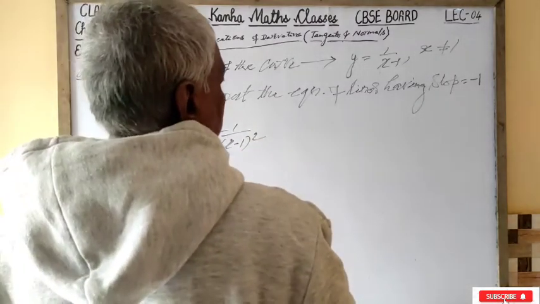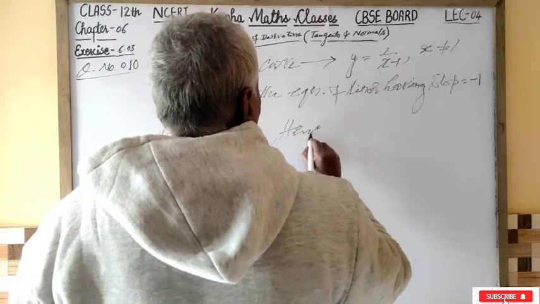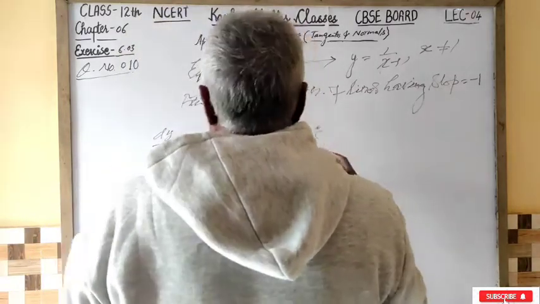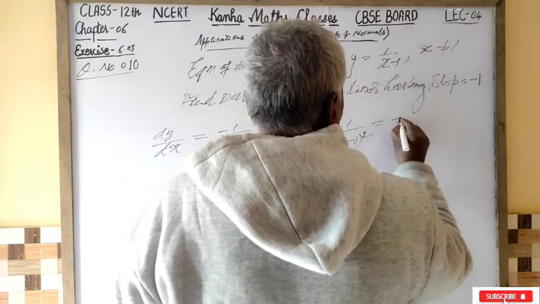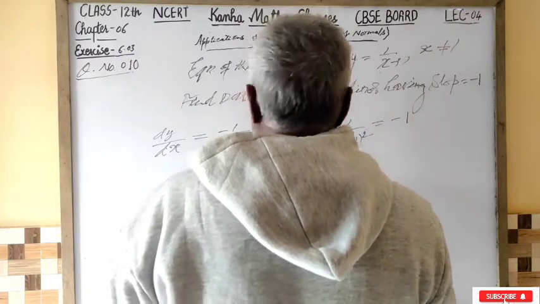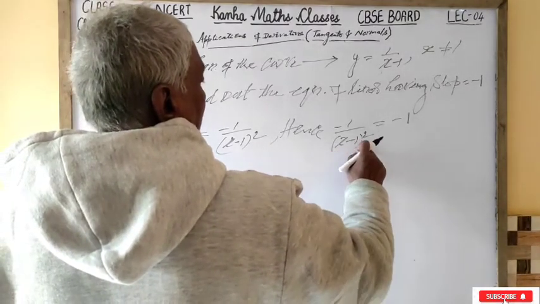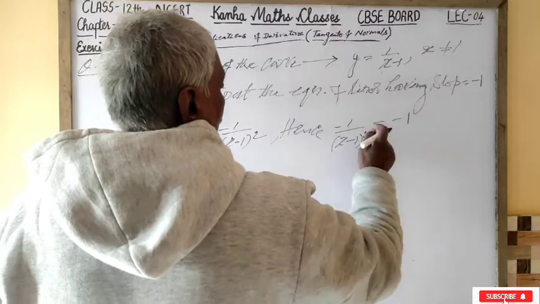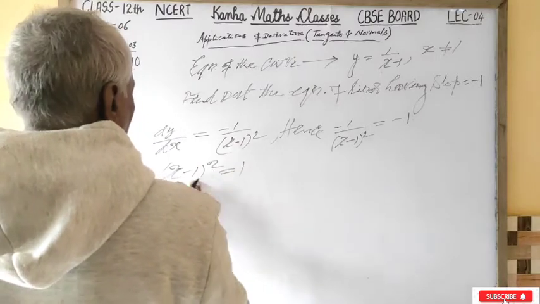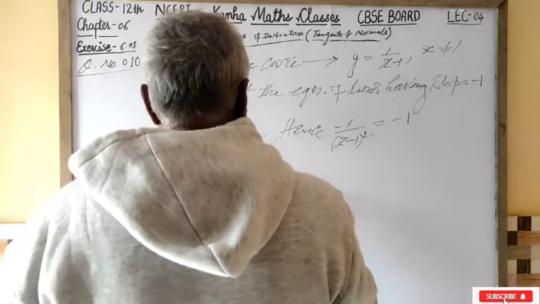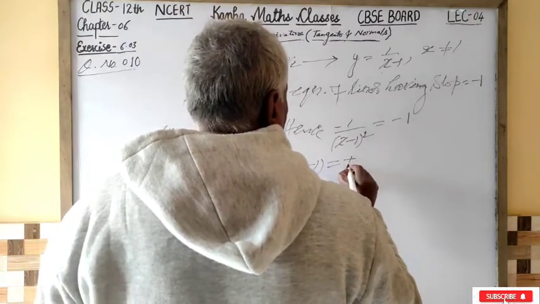According to the terms and condition of the question, this will be equal to minus 1, means minus 1 upon x minus 1 whole square is equal to minus 1, or x minus 1 whole square is equal to 1, or x minus 1 is equal to plus minus 1.